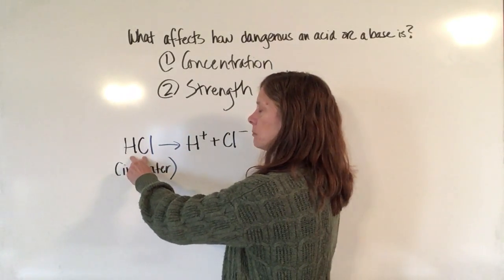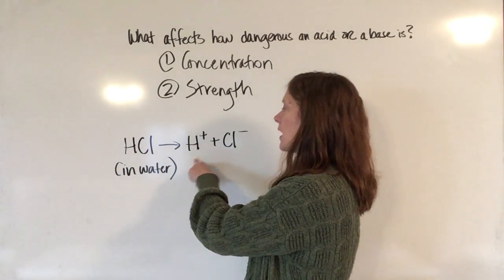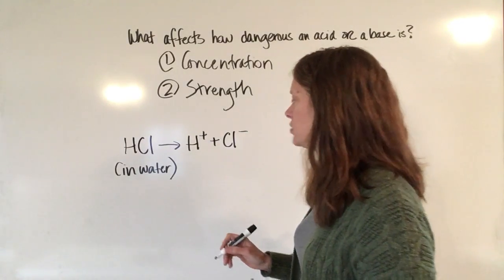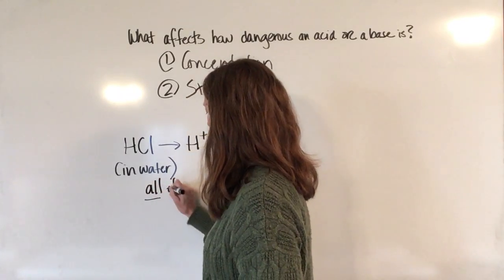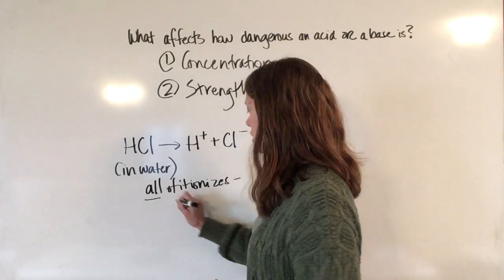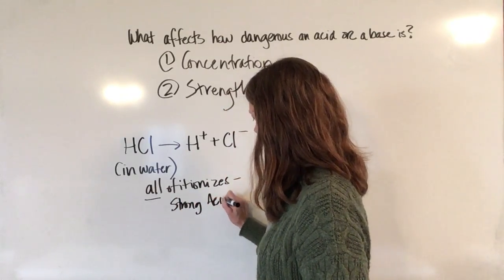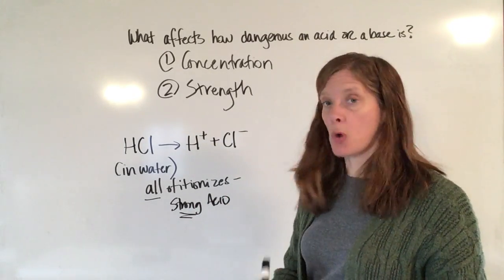Every single molecule of hydrogen chloride is going to break apart into hydrogen ions and chloride ions. Every single one in there is going to do that. So if all of it ionizes, it is called a strong acid. Okay? You can also have a strong base.